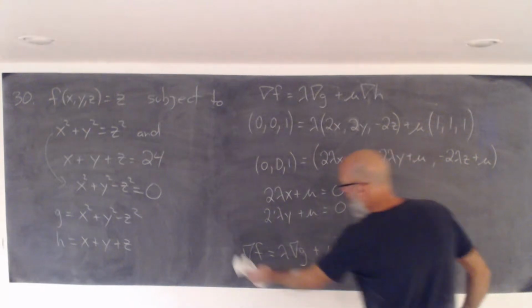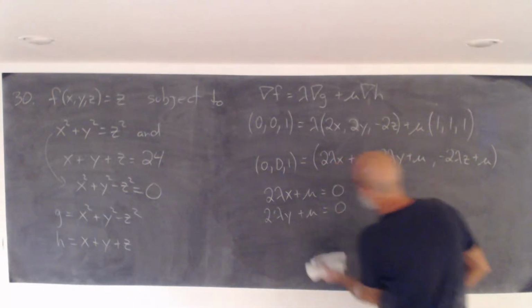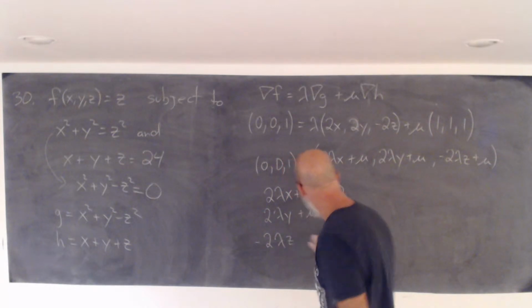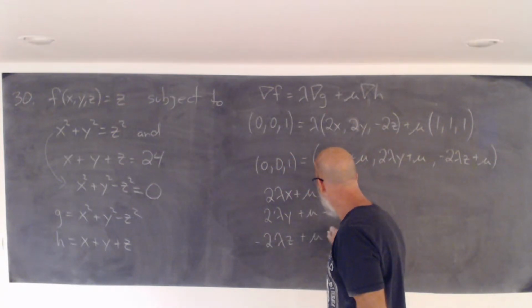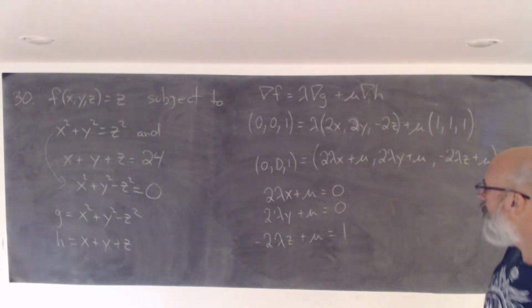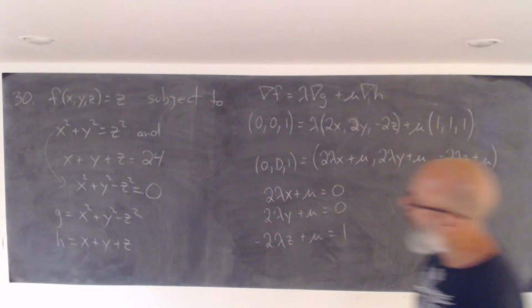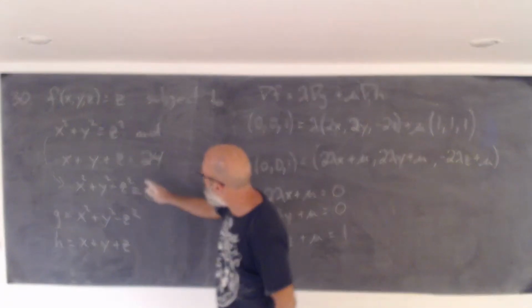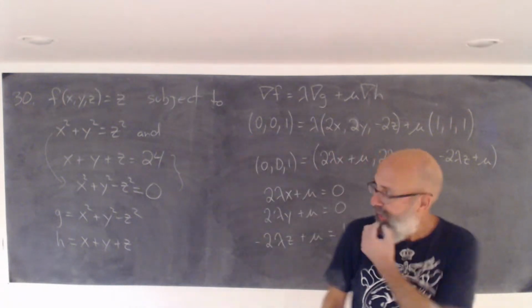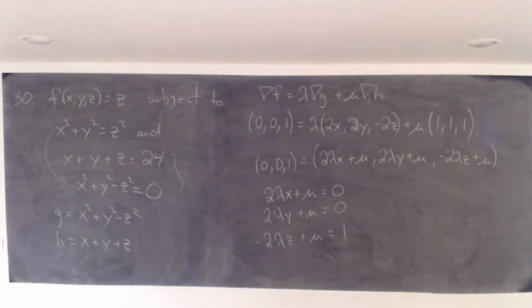And minus 2 lambda z plus mu is equal to 1. Along with both of these two original equations as well, right? Don't forget about those two.